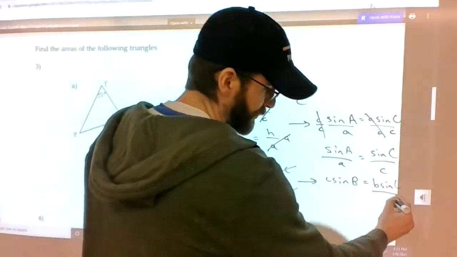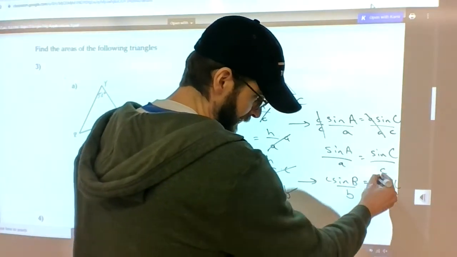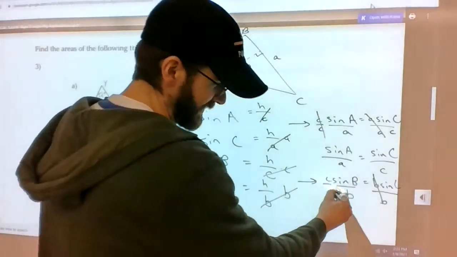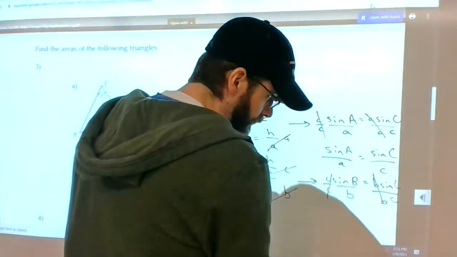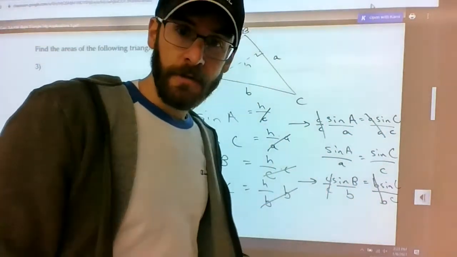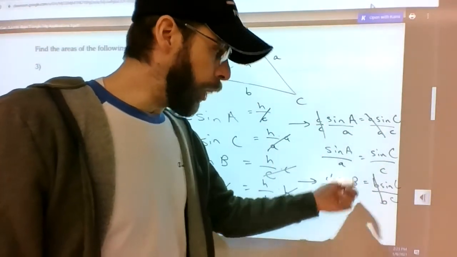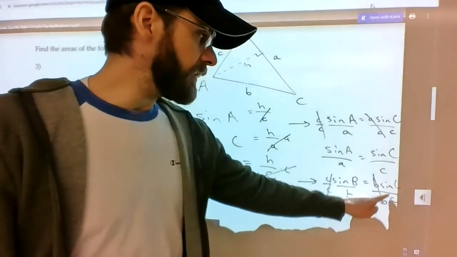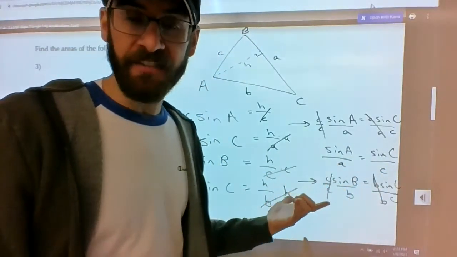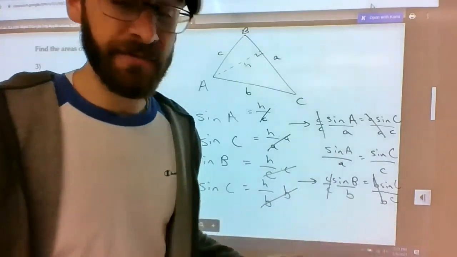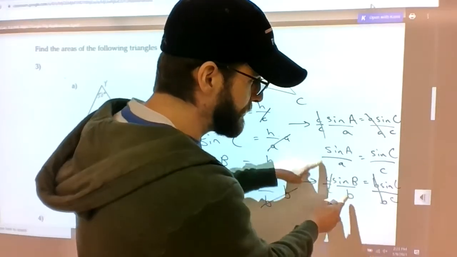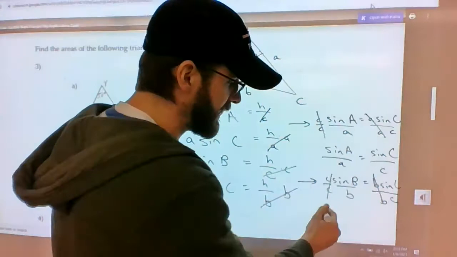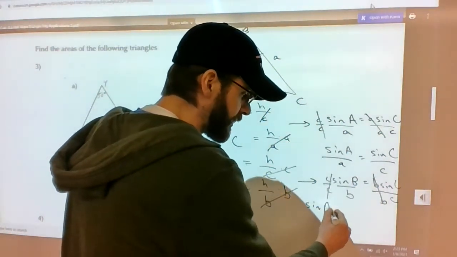And then I can divide both the right and the left by B, and both the right and the left by C. Which means now the sine of B over B is equal to the sine of C over C, which we previously just said was the sine of A over A equals the sine of C over C. So if they both equal the sine of C over C, then they equal each other.